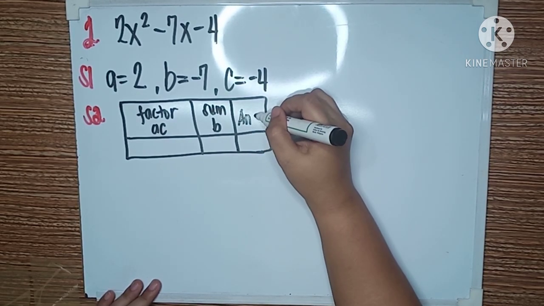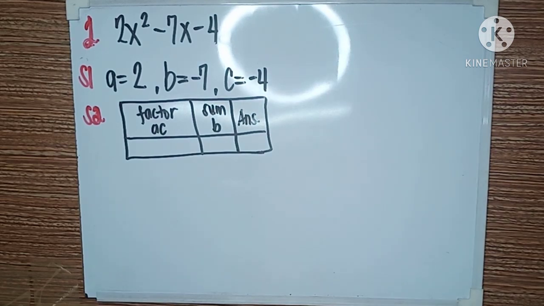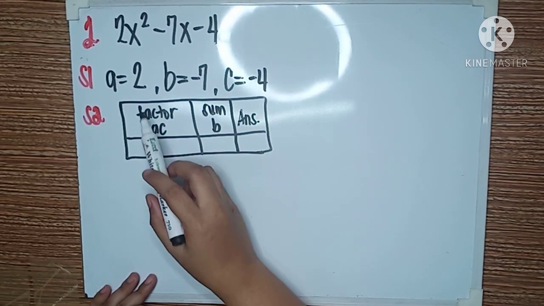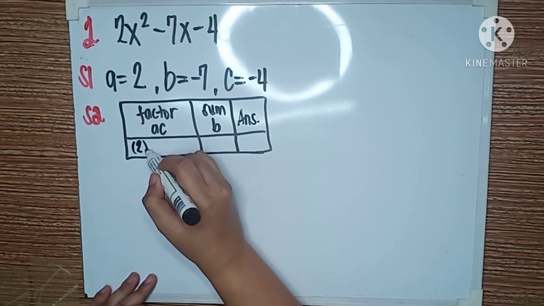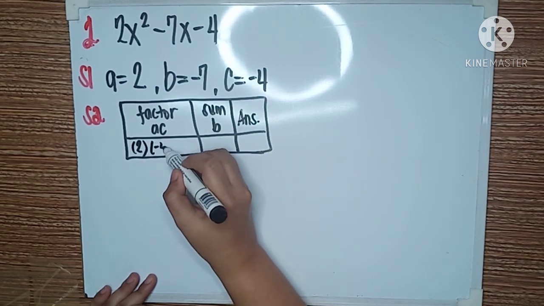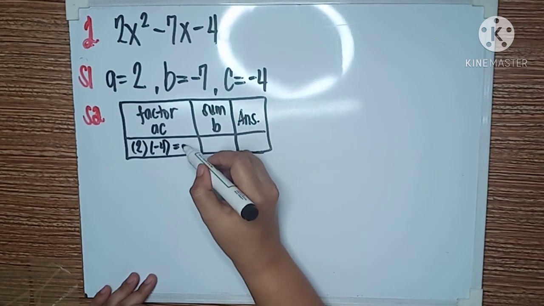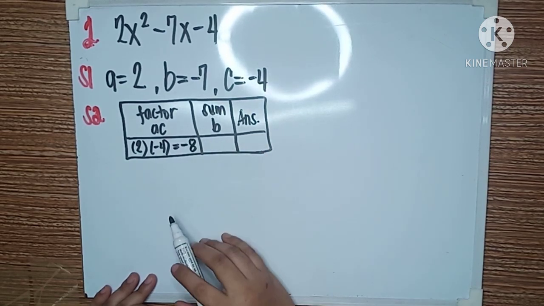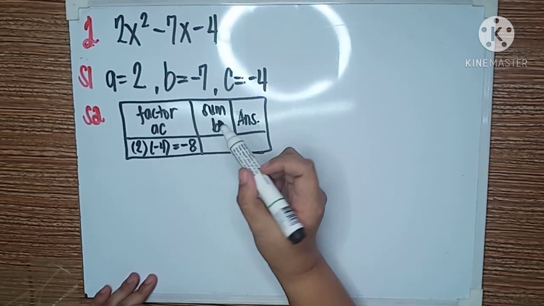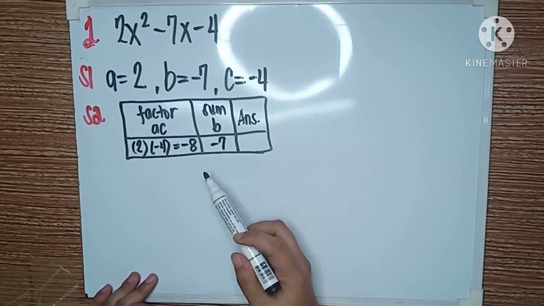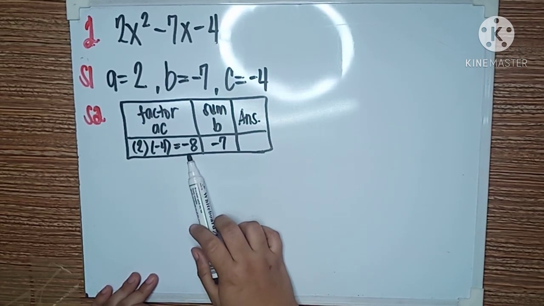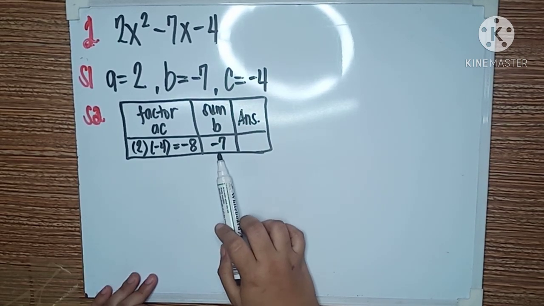And this is for our answer. Okay, for factor of AC, the value of A is 2, and the value of C is negative 4. The product of 2 and negative 4 is equal to negative 8. B is negative 7. Now, we need to find factors of negative 8 whose sum is negative 7.